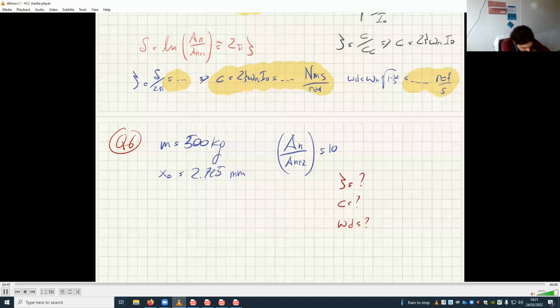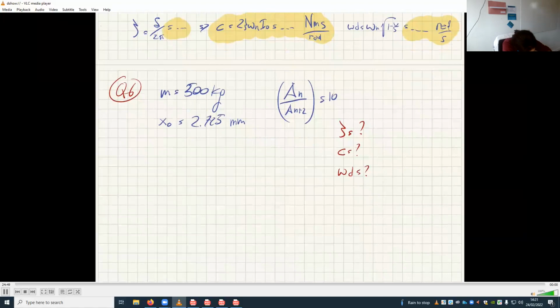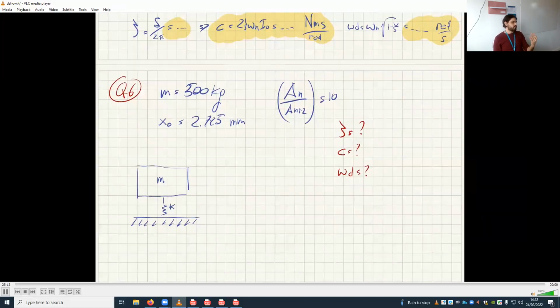So let's do the free body diagram of this machine. And you know that this thing deflects 2.725 millimeters under its own weight. That means that the spring is compressed by 2.725 millimeters to balance the gravitational force. Do you agree?